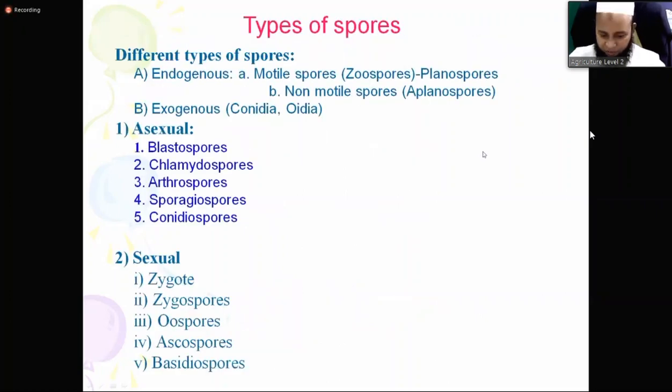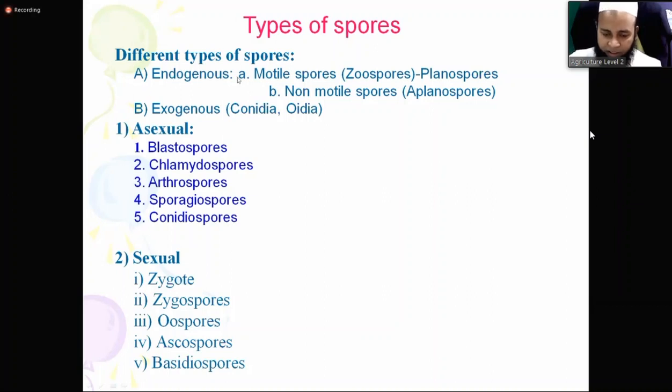So types of spore: endogenous spore and exogenous spore. Based on their production, where they grow. Endo means inside, exo means outside. So endogenous means the spore grows within a structure.